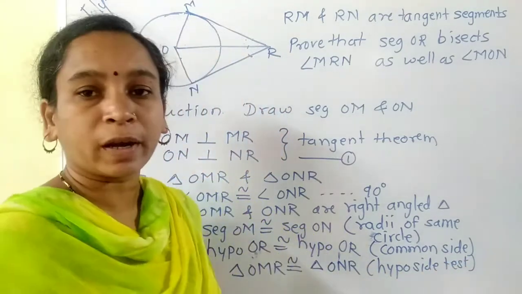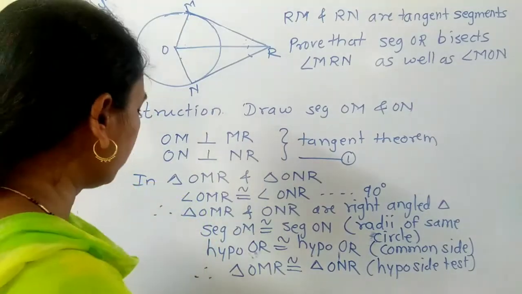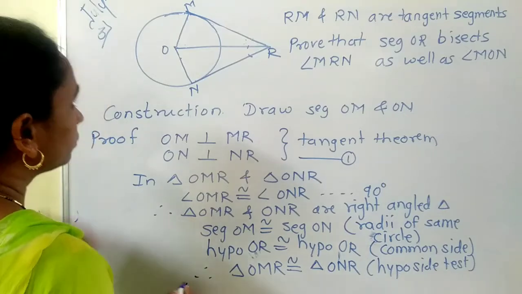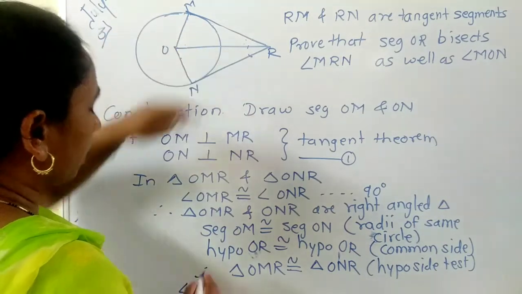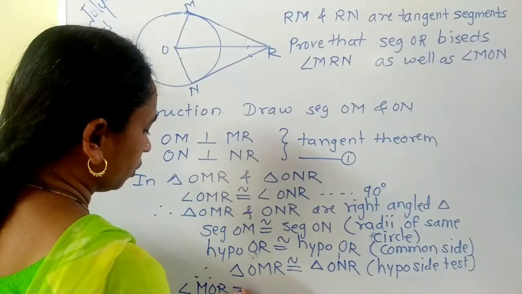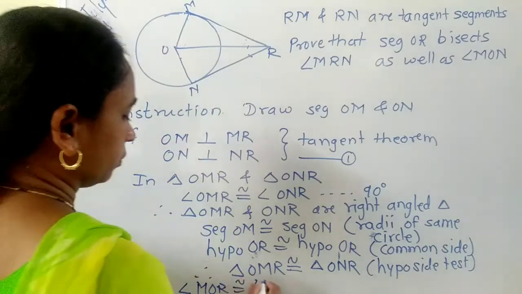And if these two triangles are congruent, therefore their corresponding angles would be congruent. So corresponding angles means angle MOR is congruent with angle NOR.